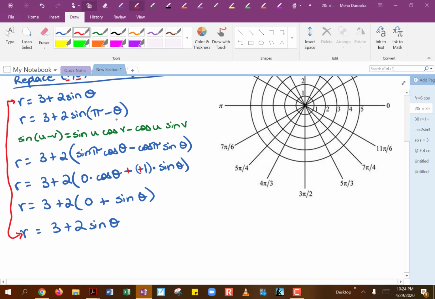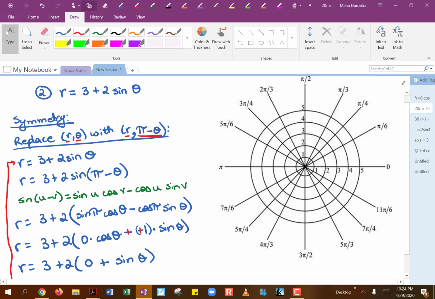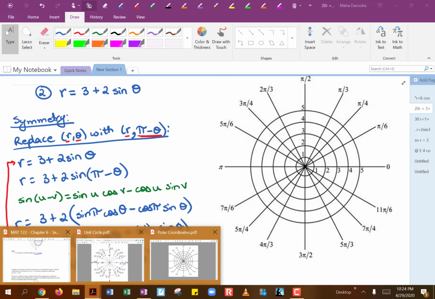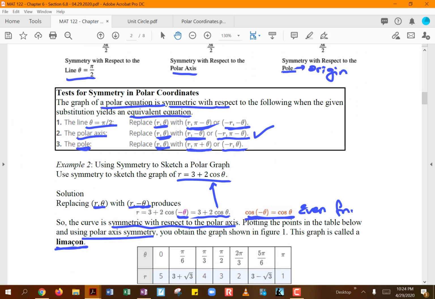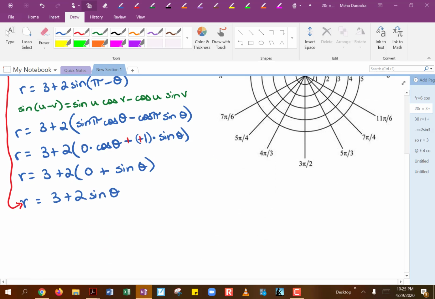And remember, our theta value was replaced with pi minus theta. Just to show you, when you replace it with r and pi minus theta, we're looking at case 1, and this is the replacement we did. So that tells us we have symmetry with respect to the line theta equals pi halves.